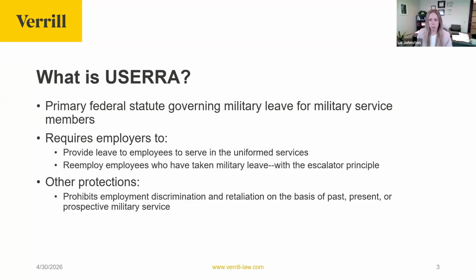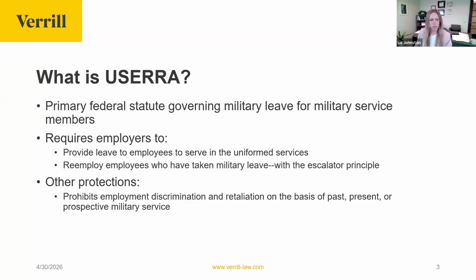Now, beyond leave and reemployment, USERRA also prohibits employment discrimination and retaliation on the basis of past, present, or prospective military service. This is a broad protection, so it's not just current service members who are protected. An applicant who discloses that they're in the reserves during a job interview, or an employee who had past service and is now being considered for a promotion, those categories of employees will also be protected from discrimination and retaliation.